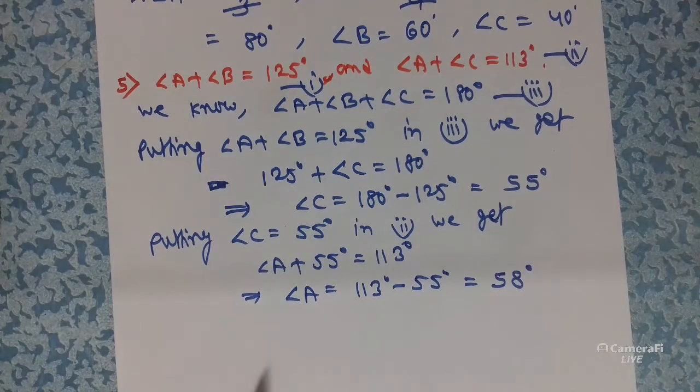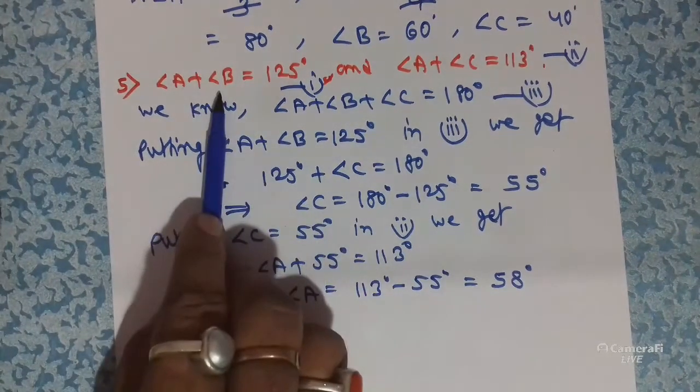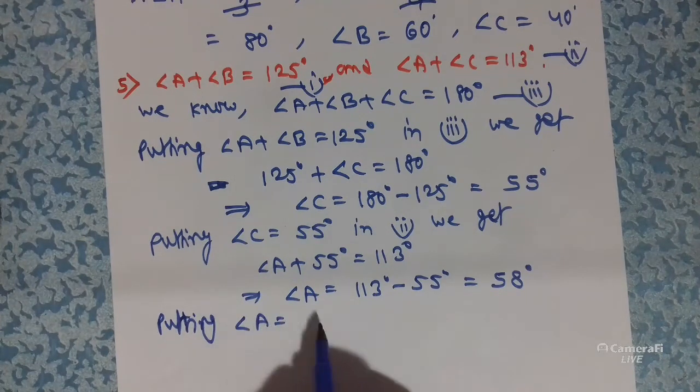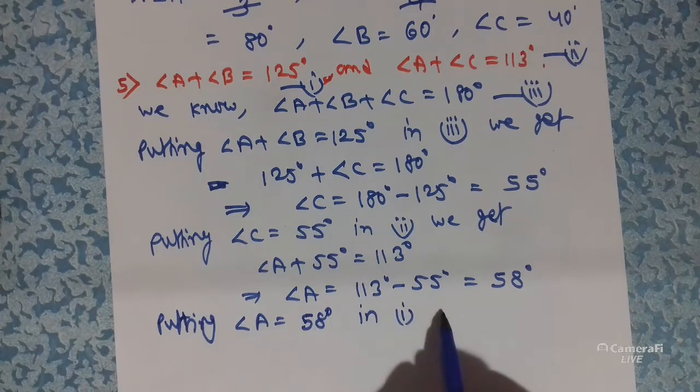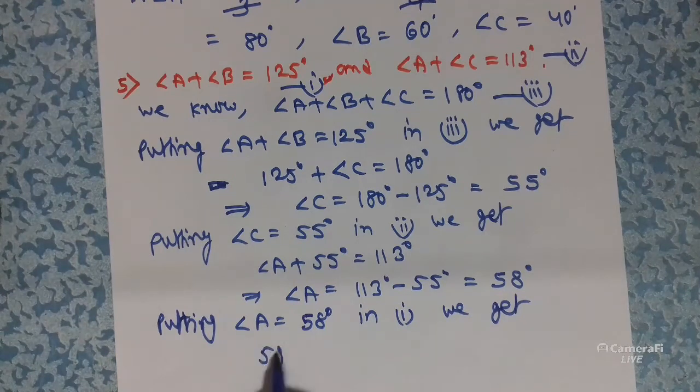Now again, if we put angle A is equal to 58 in 1, then we can easily find angle B. So putting angle A is equal to 58 in 1, we get 58 plus angle B is equal to 125.